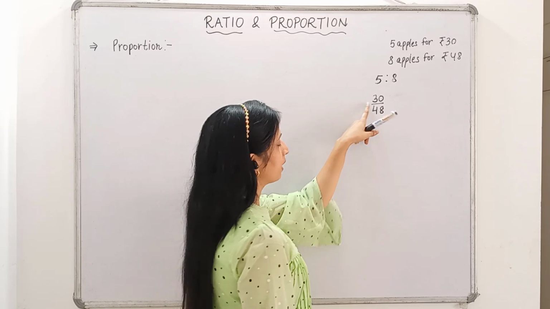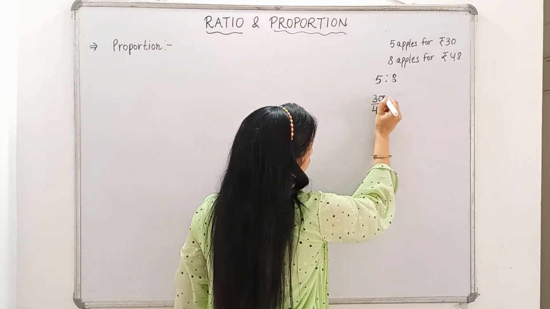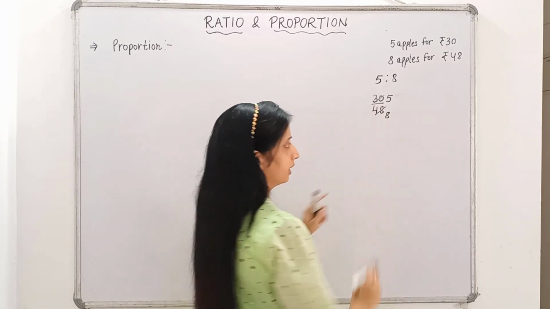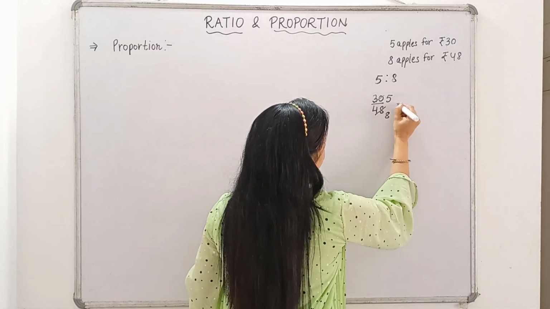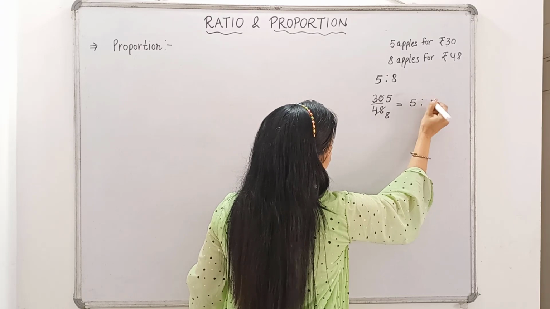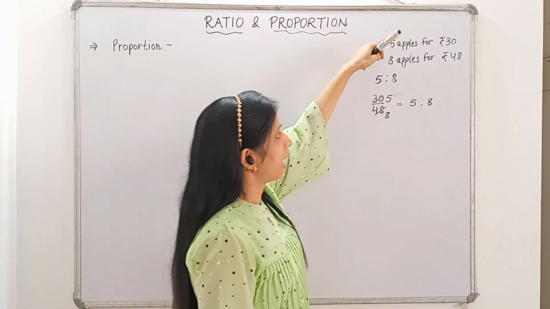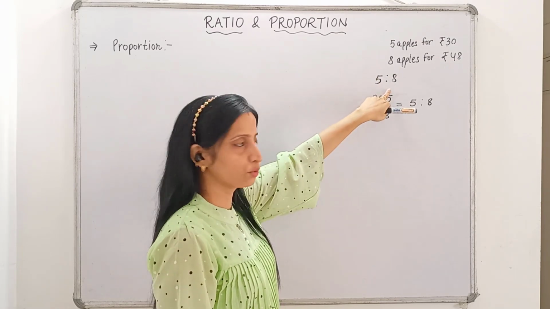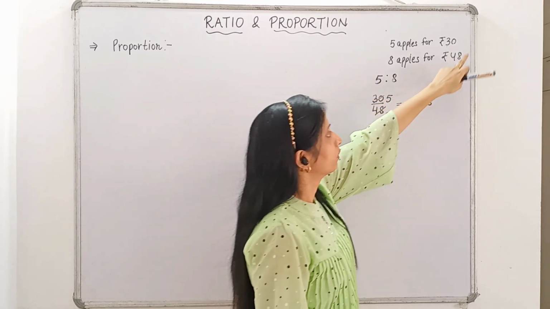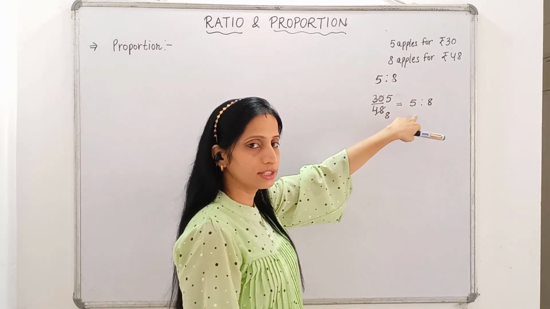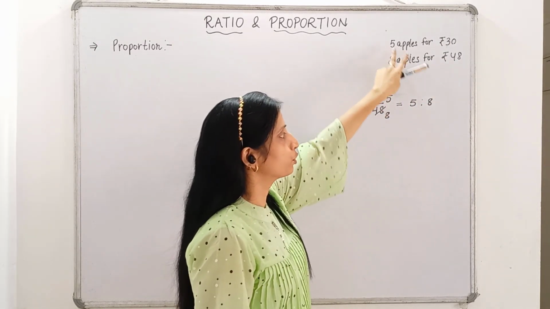Okay, we can cut this by 5 or by 6. 6 5s are 30, 6 8s are 48. So, this ratio will again be 5:8. Now, we can see that the ratio of apples is 5:8 and the ratio of the rupees is also 5:8. This means they are in proportion.